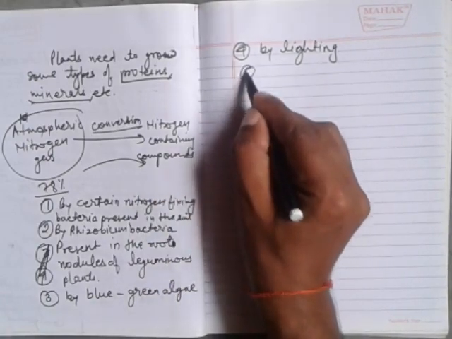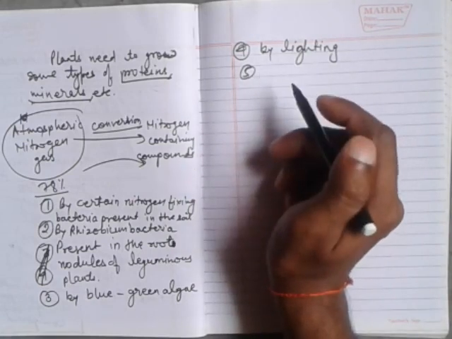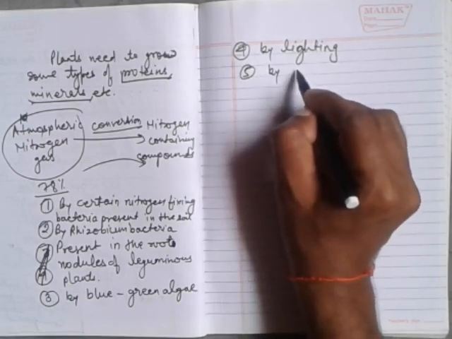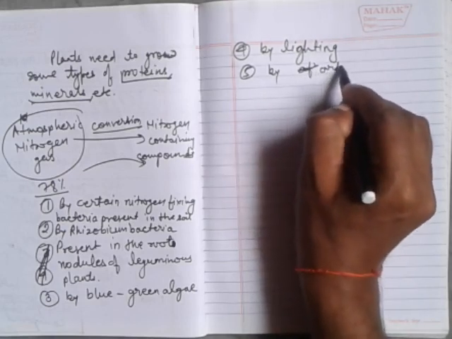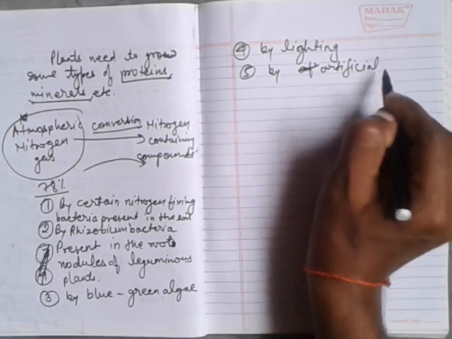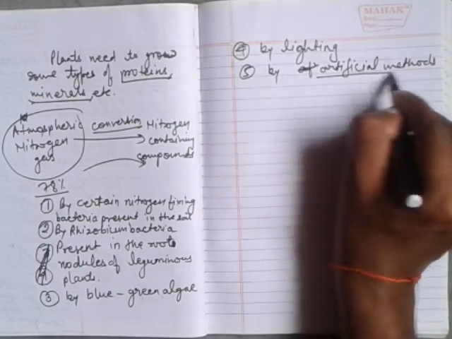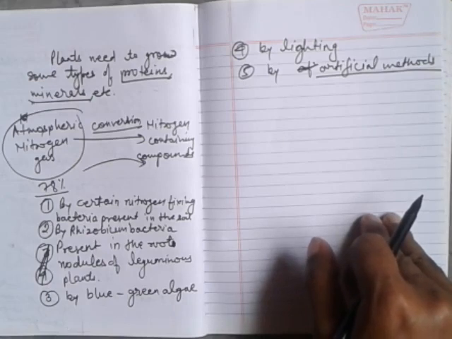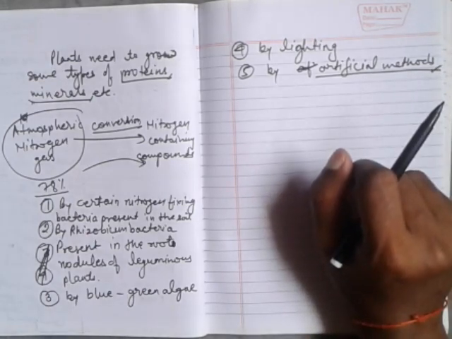And we can also convert the atmospheric nitrogen into the corresponding nitrogen compounds by using some artificial methods. These methods are performed in industries. We will learn about these methods in your higher classes.